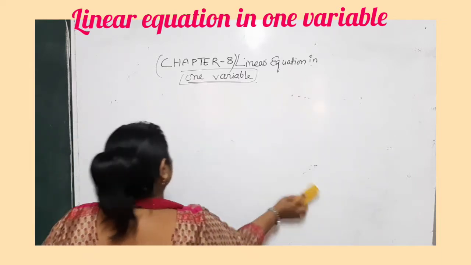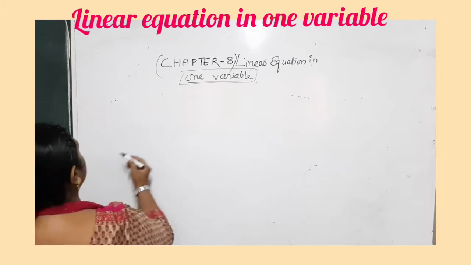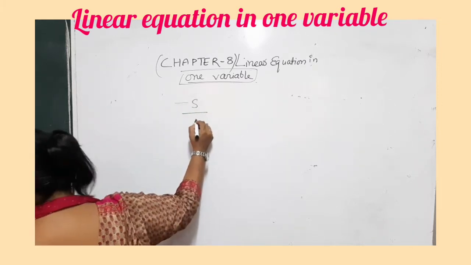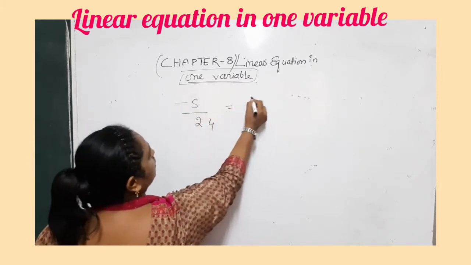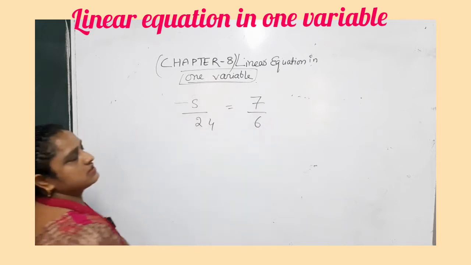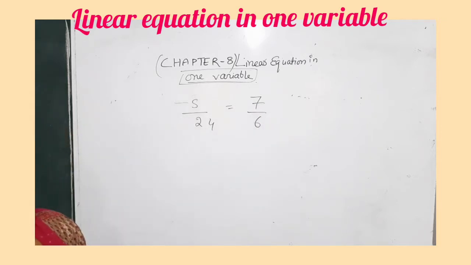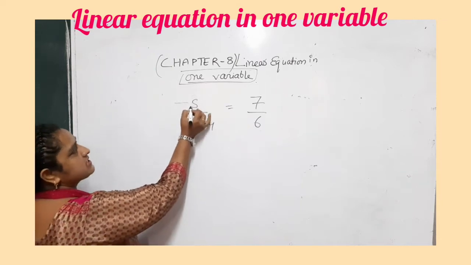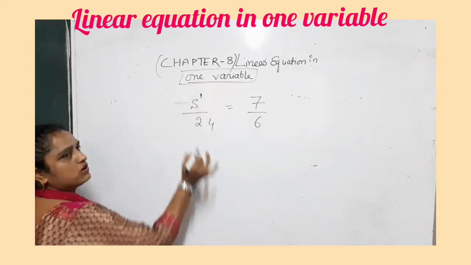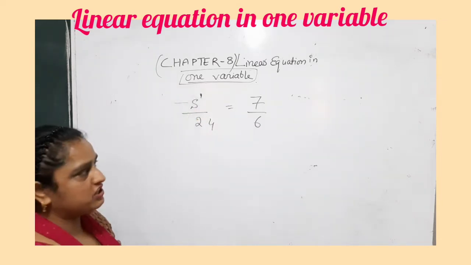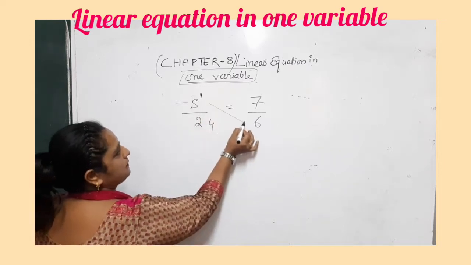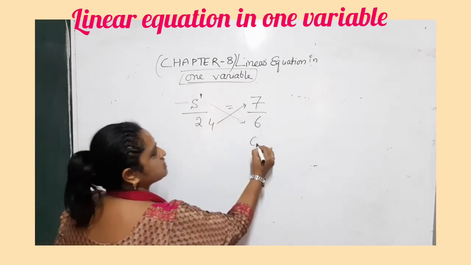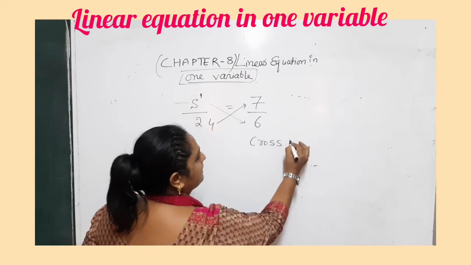Another example is minus s upon 24 is equal to 7 by 6. Now this is another form of the linear equation. Here s is the variable, its power is 1, so that is why this is a linear equation. Now cross multiplying. This method is known as cross multiplication.